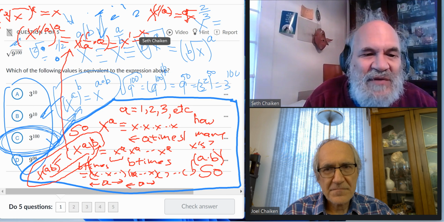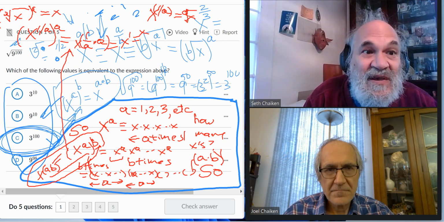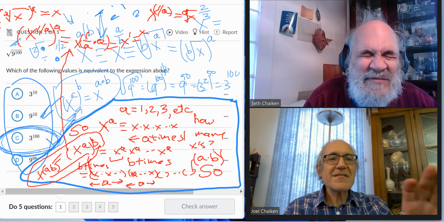And so if you set up general exponentiation in such a way that x to the 1 over a is the eighth root of x, then the power rule is consistent with that definition.